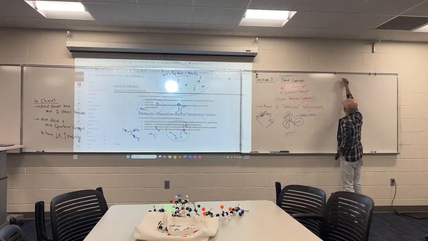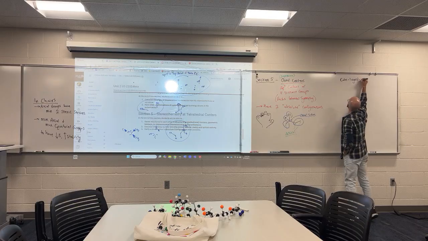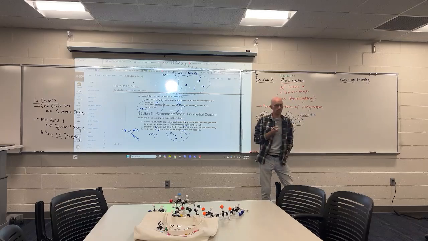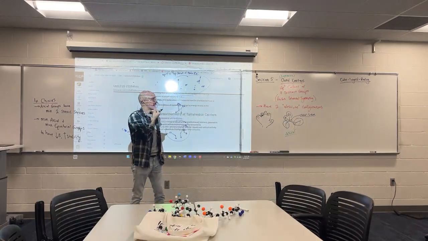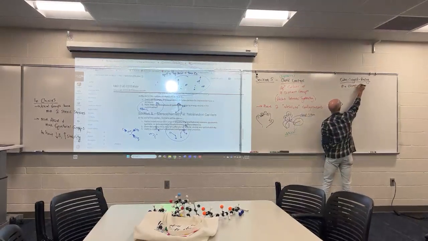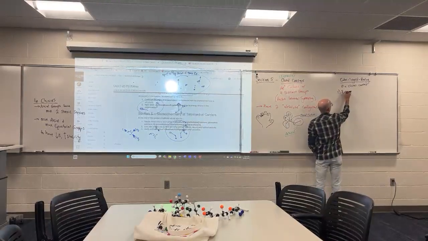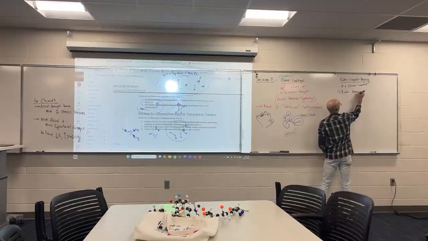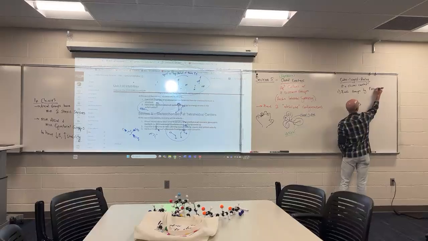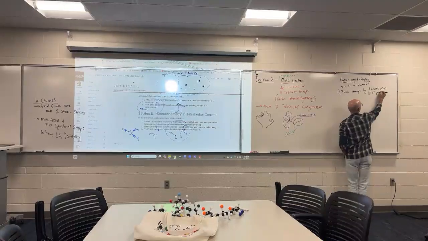So we call these, for chiral carbons, the Ingold Prelog rules. None of them have meaning. They're all just names. And here's what the rules say. At a chiral center, 1, rank groups by highest atomic mass at first point of difference.